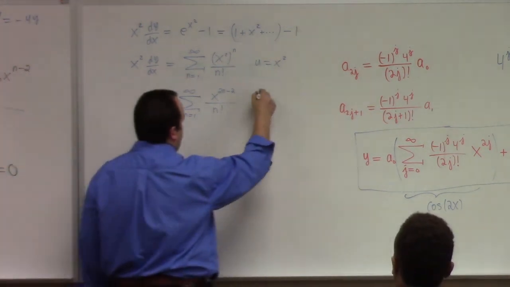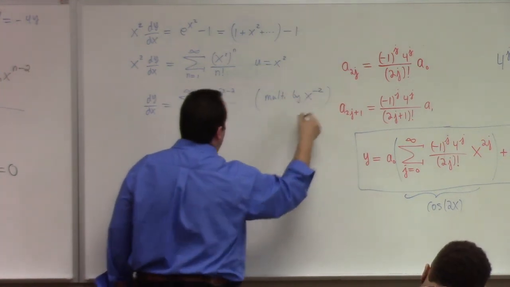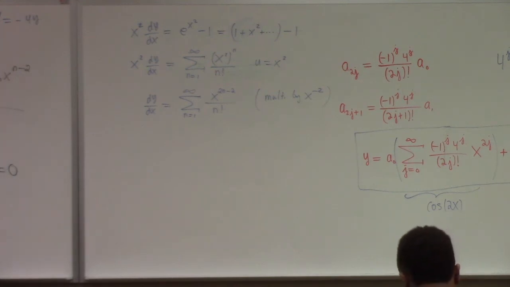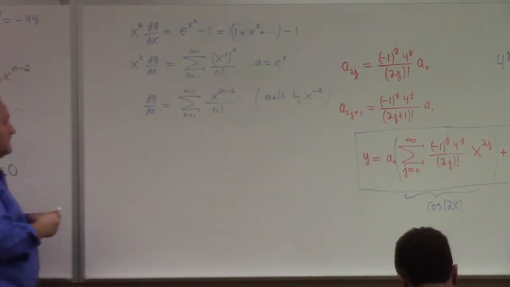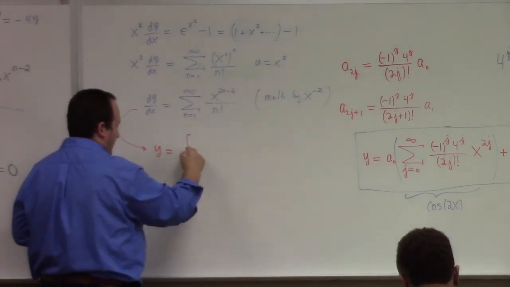So I just multiply by x to the minus 2. It gets me to this. If I want to solve for y, what do I do? How about integrate, right?